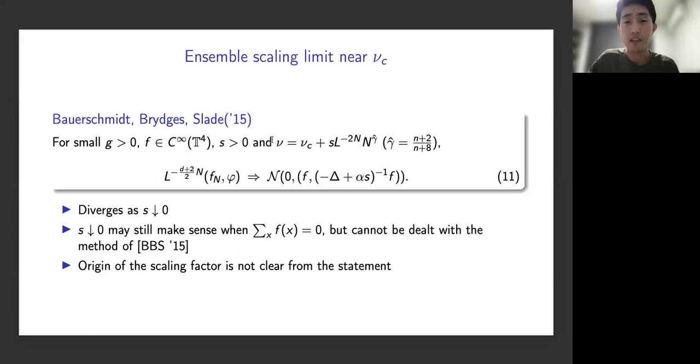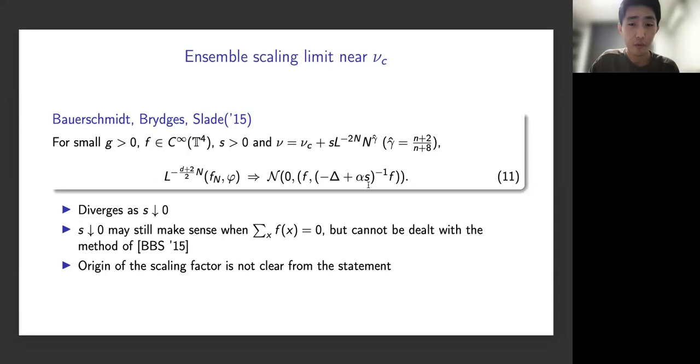For this specific choice of nu, we see that this random field phi, when scaled with a different scaling factor L to the minus (d plus 2) over 2 n, converges to Gaussian free field with mass alpha s. So alpha is some positive number, and this mass is given by this parameter as how close this nu is to the critical point.